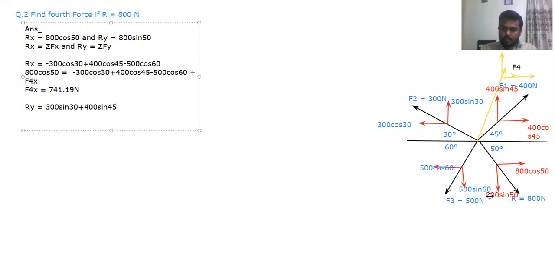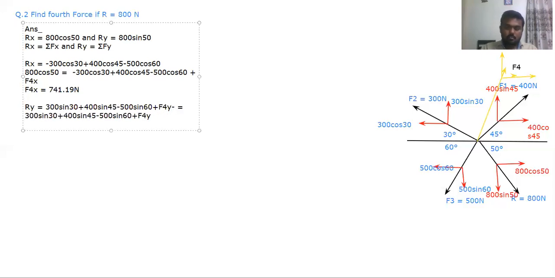This 500 sin 60, again it is downward, negative, minus 500 sin 60, and this plus F4y. Okay. So here I will copy paste this. I will put the value of R here.